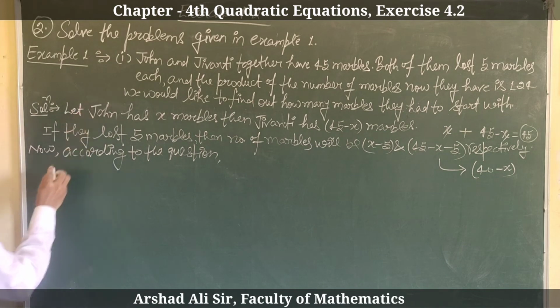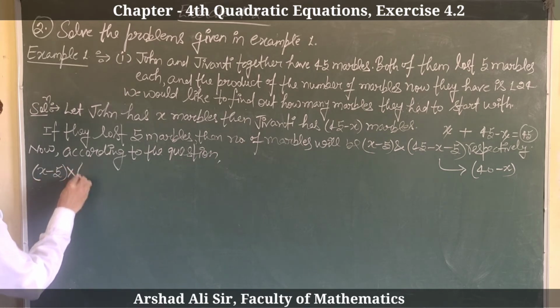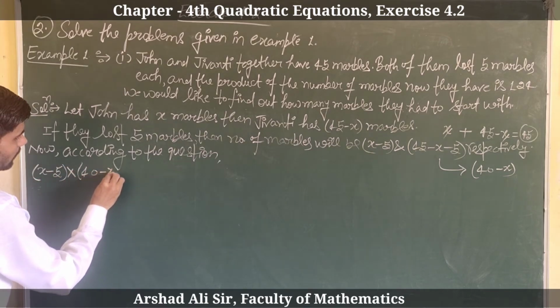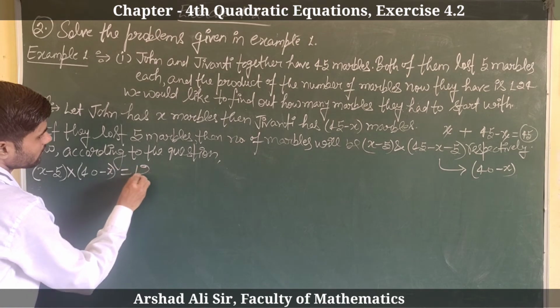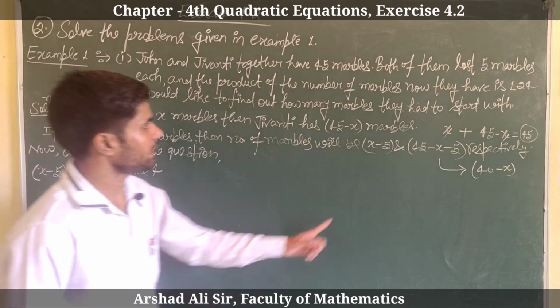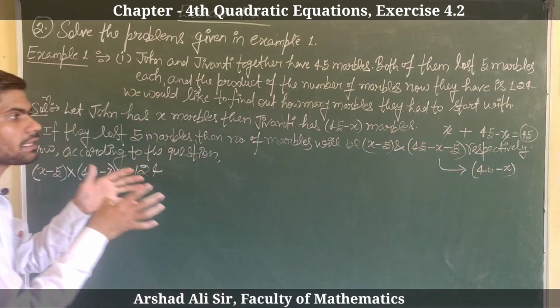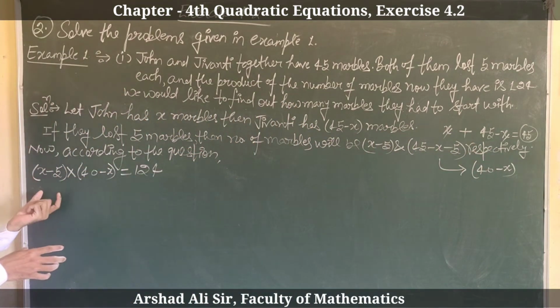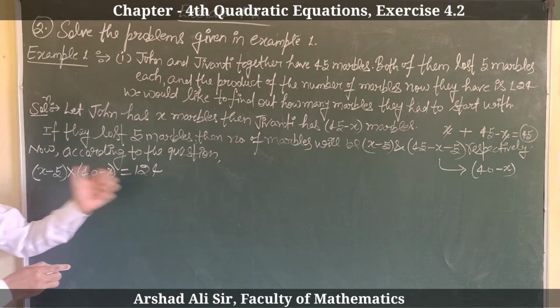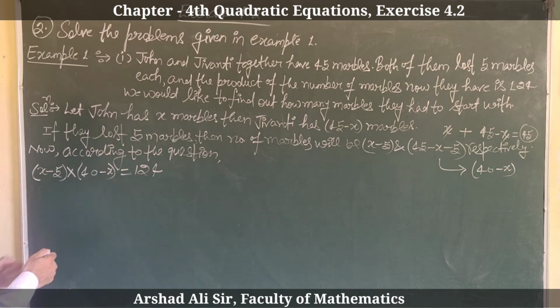Now we can apply the multiplication. X minus 5 multiply 40 minus x is equal to 124. X minus 5 and 40 minus x are the remaining marbles, and we are given that the multiplication of these remaining marbles is 124. Now we will do multiplication.